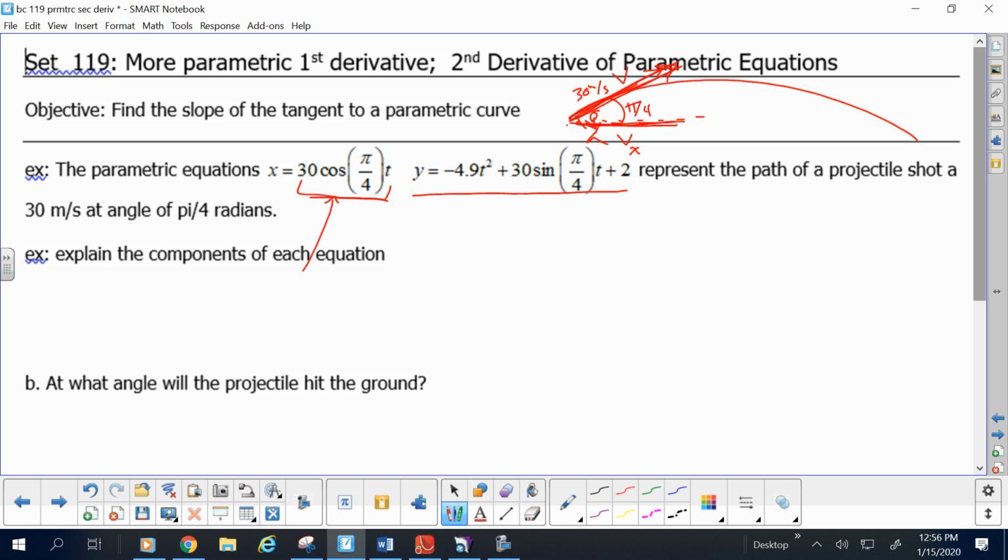How would you find the velocity in the horizontal direction? Cosine, yeah. Cosine's the adjacent to hypotenuse, so you use cosine. So this is the horizontal rate. That t, did I typo that? Is that supposed to be in the cosine argument, or no? It's a normal t. So is this a cosine equation or a linear equation?